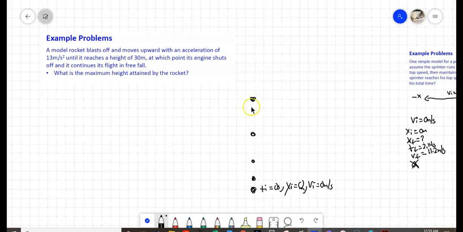And then something happens right here, and the engines shut off. This is 0 seconds, 1 second, 2 seconds, 3 seconds, 4 seconds, so it's speeding up, and then it's going to immediately go into free fall, which means it's going to begin slowing down.